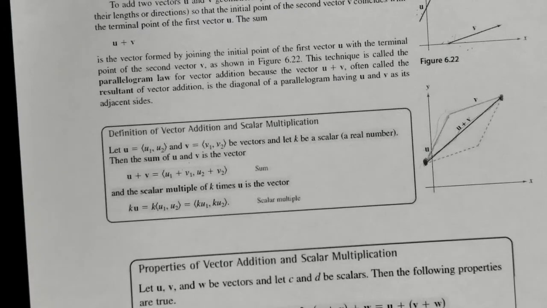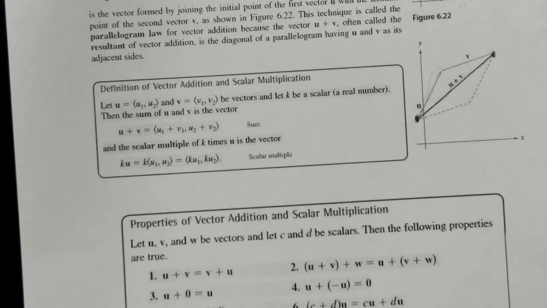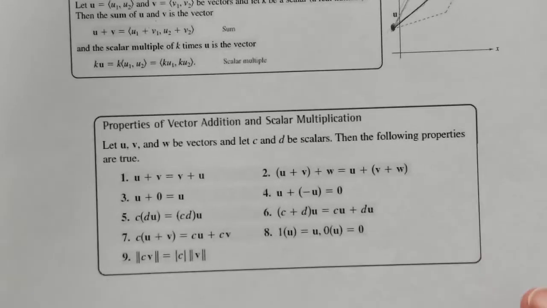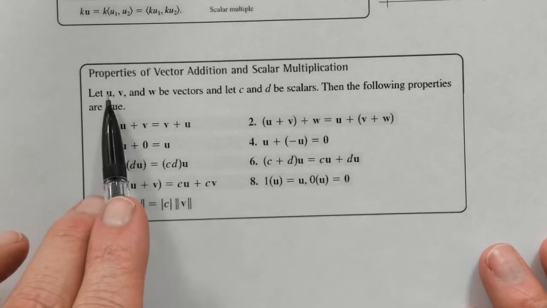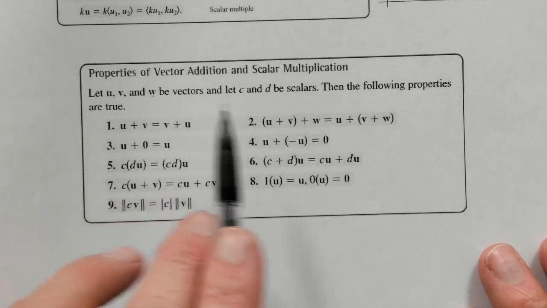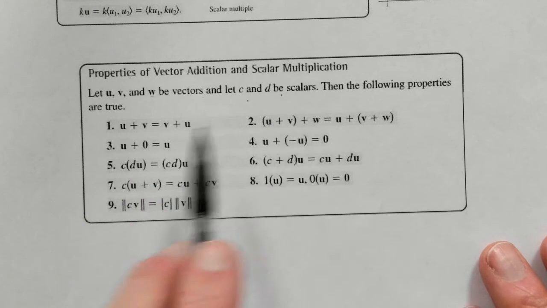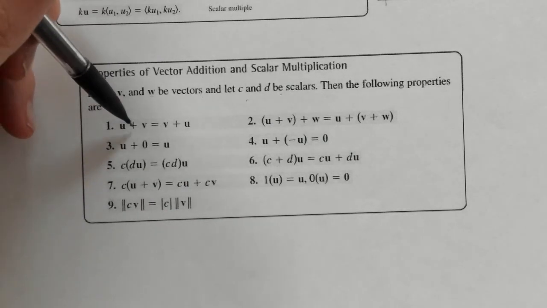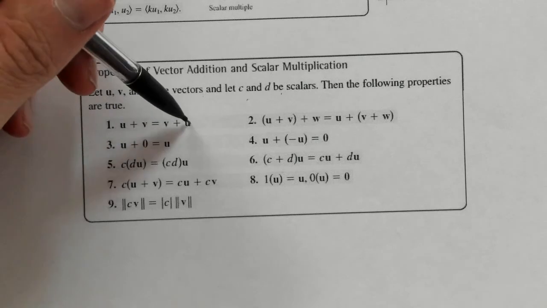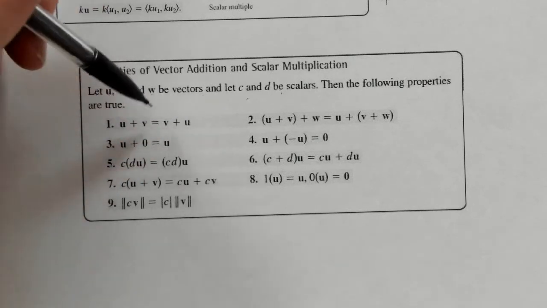Now, there are some properties of vector addition and scalar multiplication. We're saying that u, v, and w are vectors, and c and d are scalars. Then the following properties have to be true. u plus v is equal to v plus u, so vector addition is commutative.